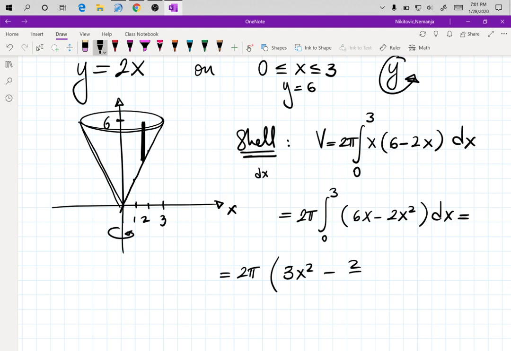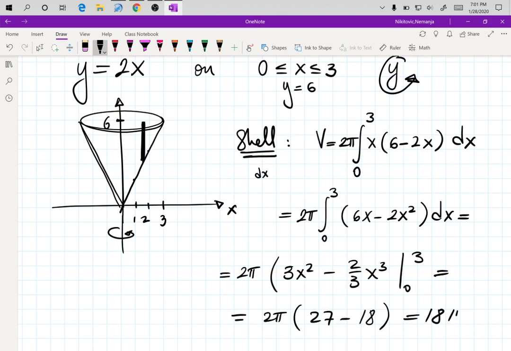And minus 2/3 x cubed from 0 to 3. That will be 2 pi open parenthesis 27 minus 1/3 would cancel 18. So 18 pi. Is that good enough?